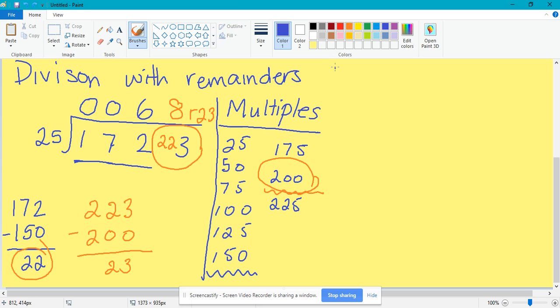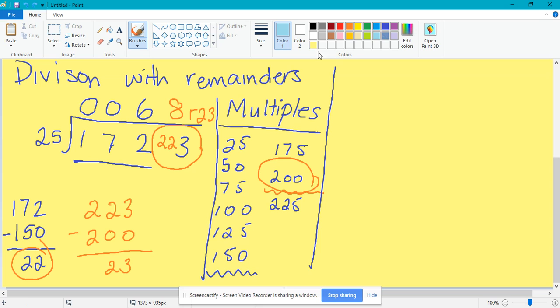Okay, so what we want to figure out is, are our calculations correct? So we need to do the opposite of division, which is multiplication. So I'm going to start off here by doing our first step, which is multiplying.